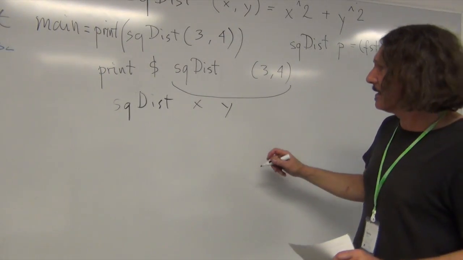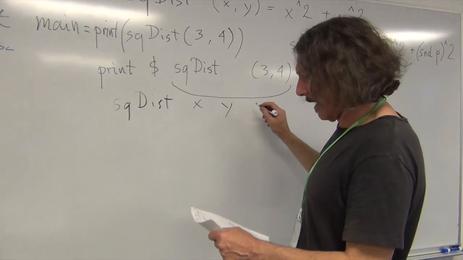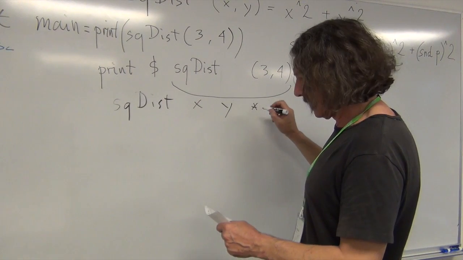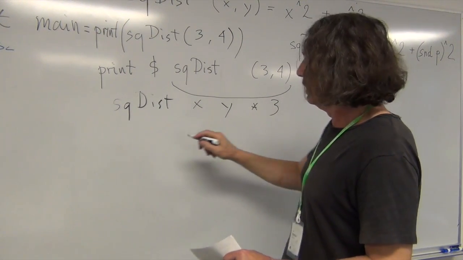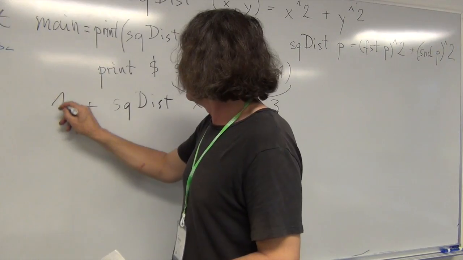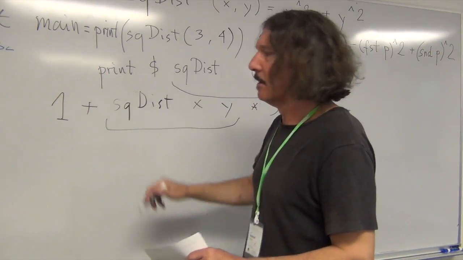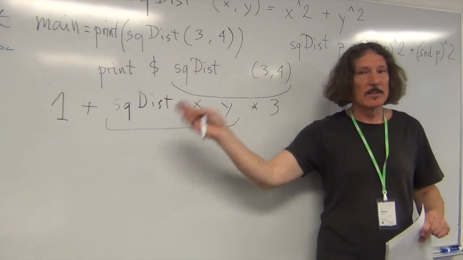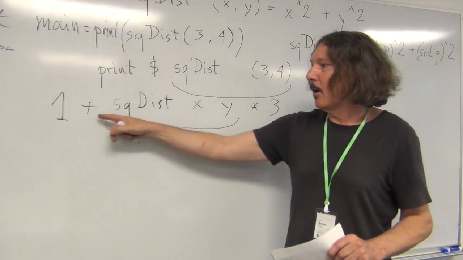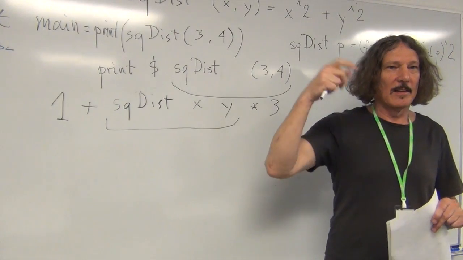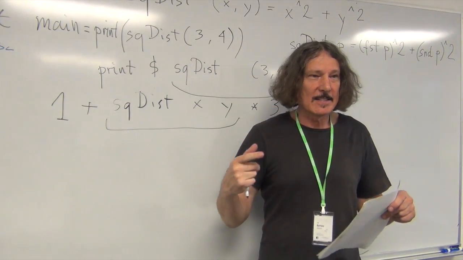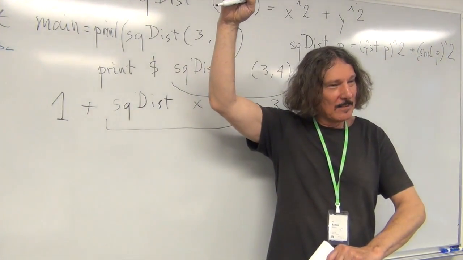So what it means is that if I put other operators here, times 3 and plus 1 and so on, this is a unit, everything between the operators. Why is it so? Because all other operators have precedence that's in between.